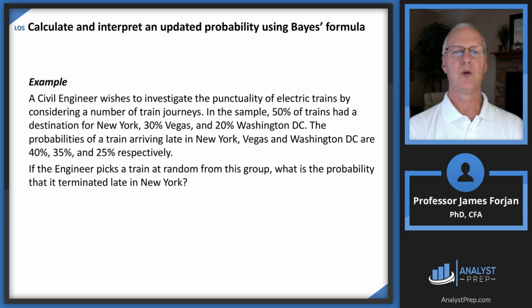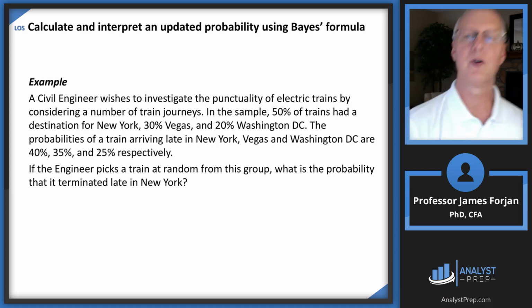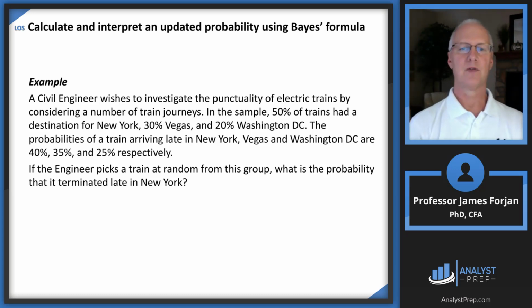An engineer wishes to investigate the punctuality of electric trains by considering a number of train journeys. 50% of the trains had a destination of New York, 30% Las Vegas, 20% Washington, D.C. So notice the sample: 50 and 30 and 20 adds to 100.